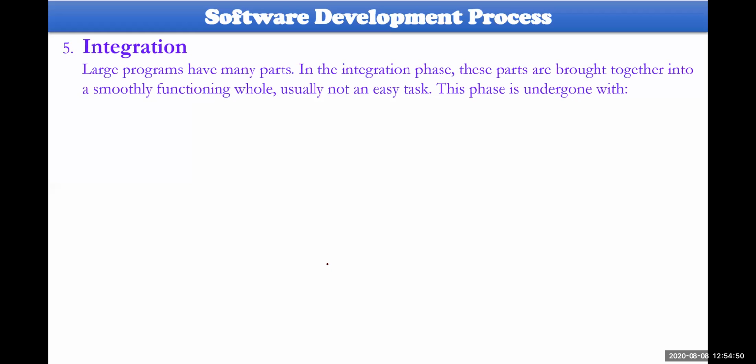integration. Software development is always done part by part. Like a cinema, the shooting of that particular cinema is taken part by part. After that, people edit the movie in a particular order, which becomes 2.5 hours or 3 hours.